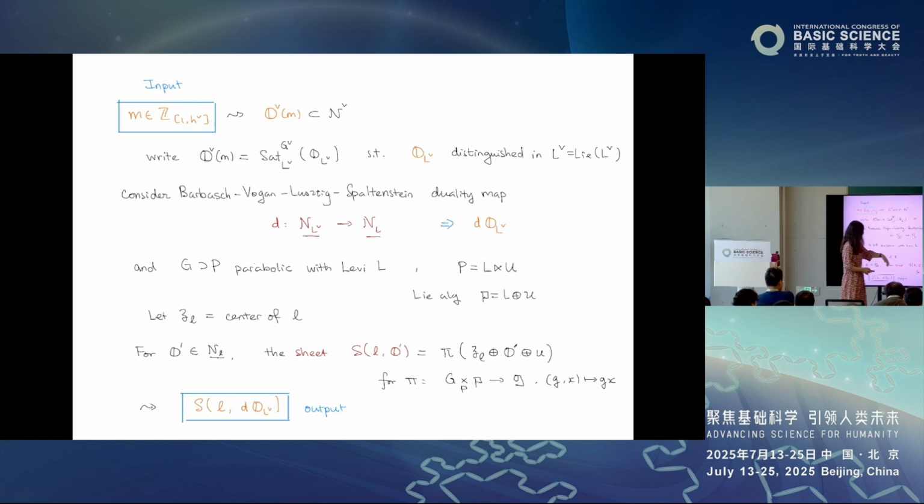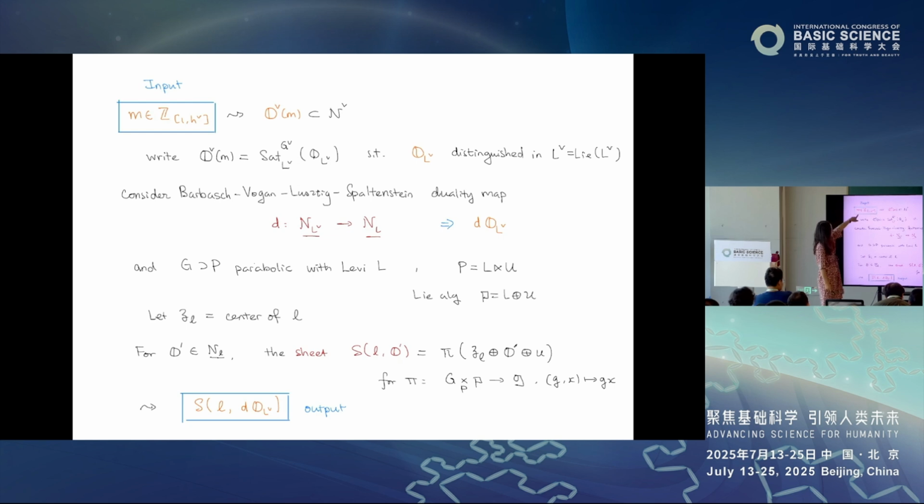And then you take the image of G cross P of this part in the Lie algebra. Like you take the center of L, you take your orbit in the Levi, you take the radical part, and then you induce it, and then take its image. And then this gives you a sheet.